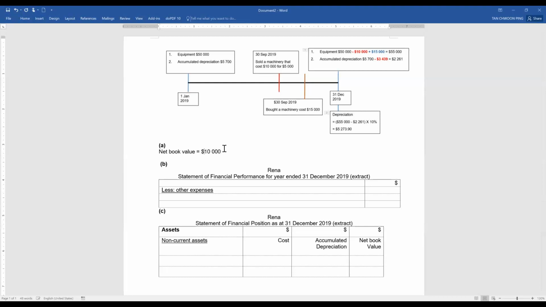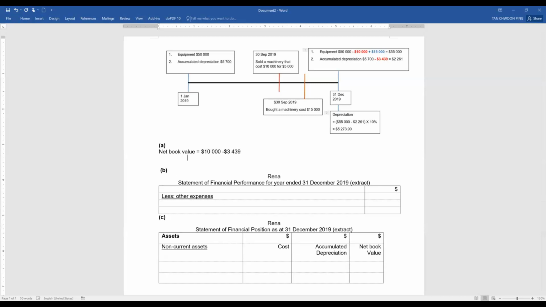How much is my accumulated depreciation as of now? It is 3,439, which we have already calculated. And that will give us a net book value of 6,561. So this is the net book value of my equipment when I'm selling it on the 30th of September.